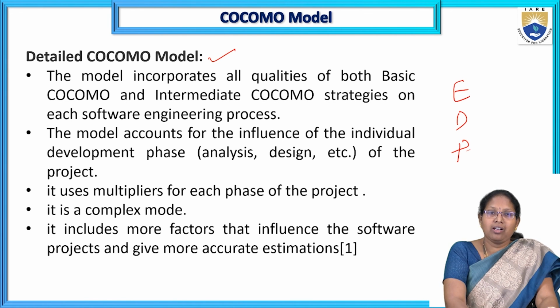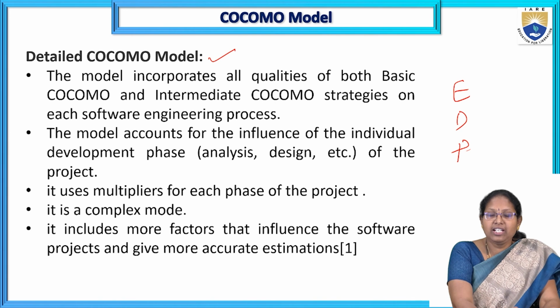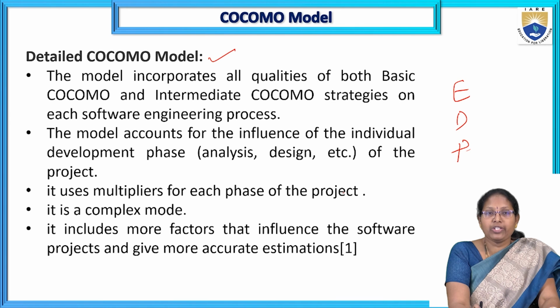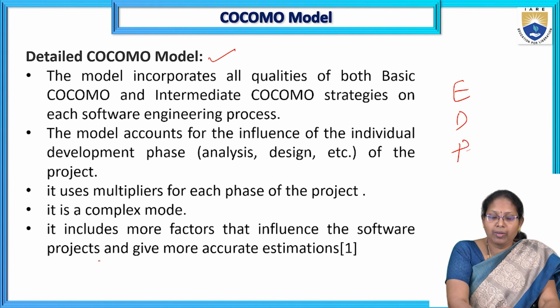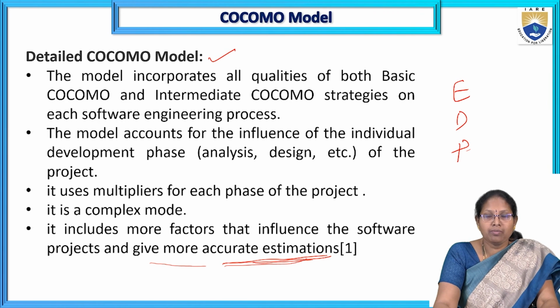For the different phases or modules, we apply the COCOMO model and calculate the cost estimation. It also uses different multipliers for each phase of the project. It is a very complex mode. It includes more factors that influence software projects and gives more accurate estimations. That's why for very complex problems or very large applications, we have to use the detailed COCOMO model to calculate the cost estimation.